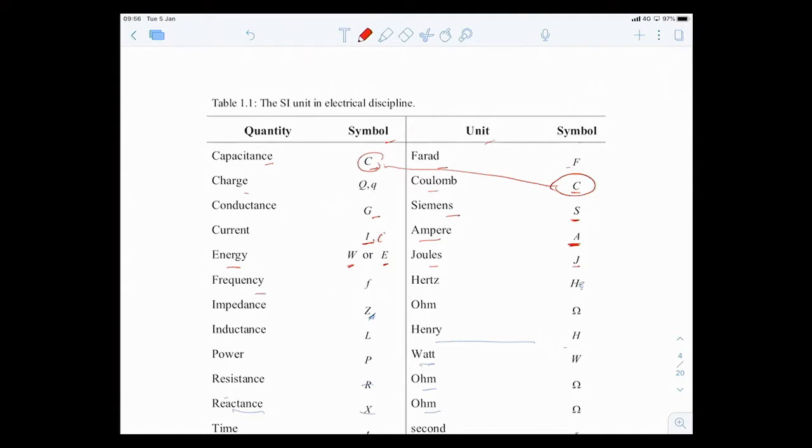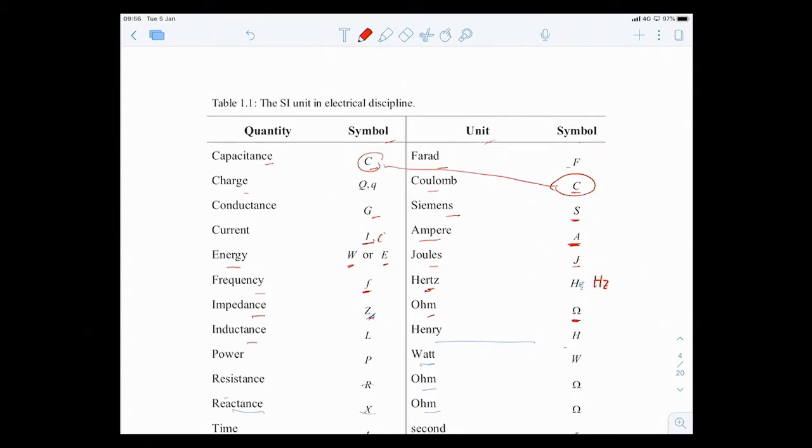Frequency, small f, and the unit is hertz. The way I like to write it is that hertz is capital H and a small z. Impedance, capital Z, and the unit is ohm, and the symbol is omega.